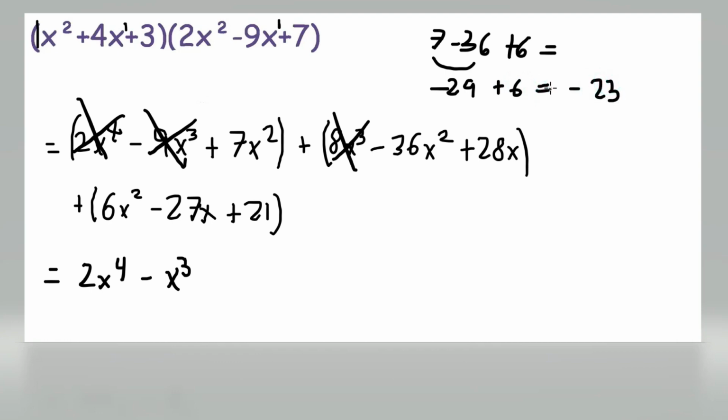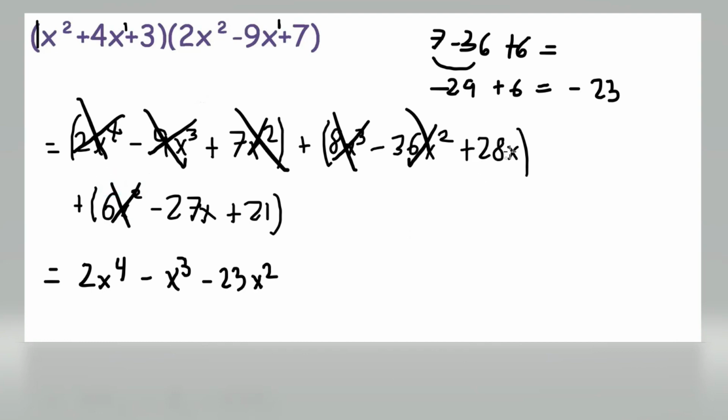So, let's check na. 7 minus 36 is negative 29. Plus 6 is negative 23. So, copy natin yung negative 23 here. Then, ang sinimplify ulit natin is x squared. So, negative 23x squared. Okay, so cancel na natin yung x squareds.